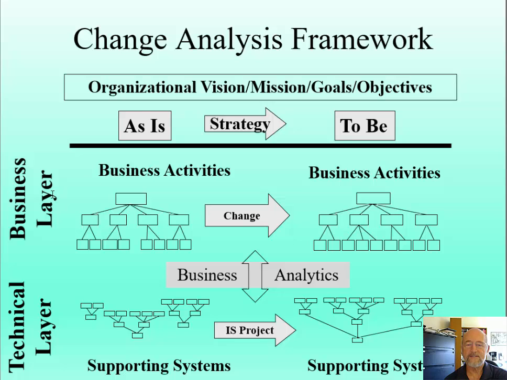The middle layer is where most of the people work, managerial views of business activities or work practices that support the organizational vision. And these are models in some regards of the work practices or business activities.